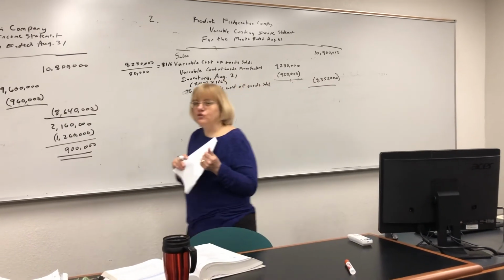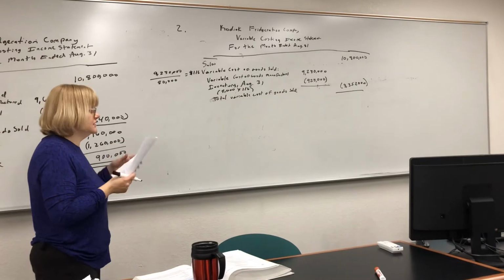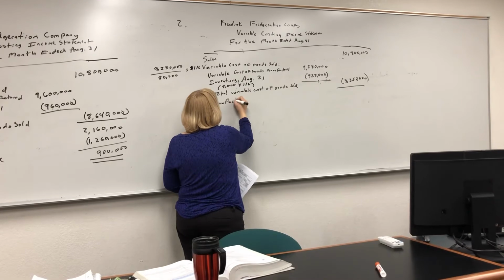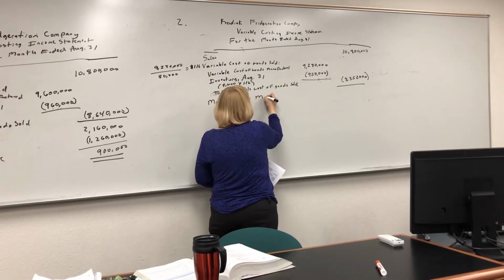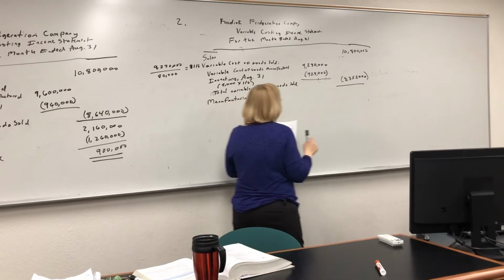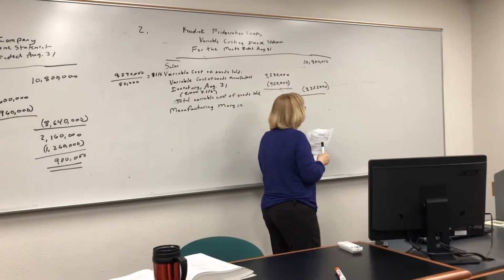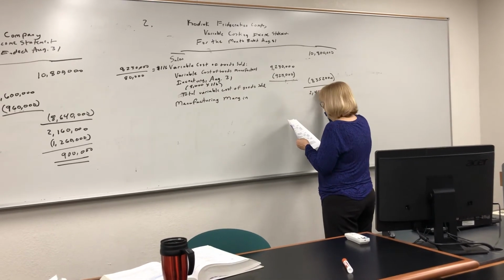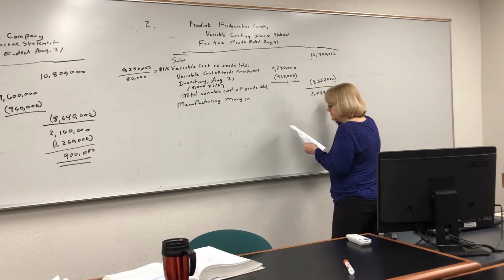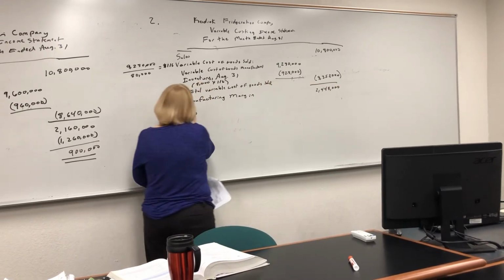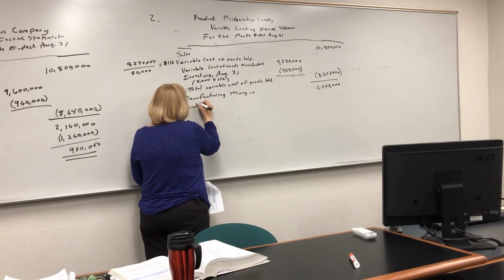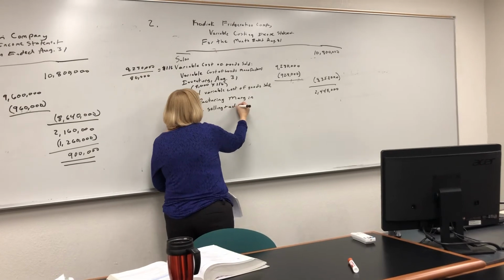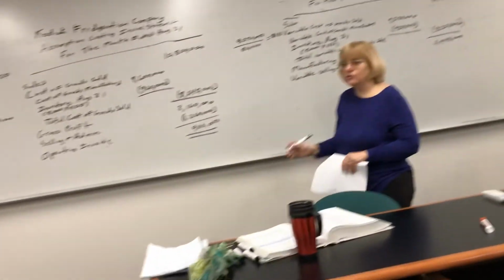In variable costing, you don't report a gross profit. What you report here instead is what we call a manufacturing margin. $10,800,000 minus the $8,352,000, we have $2,448,000. Then we have variable selling and admin. Remember, over here, all of our selling and admin were on one line.